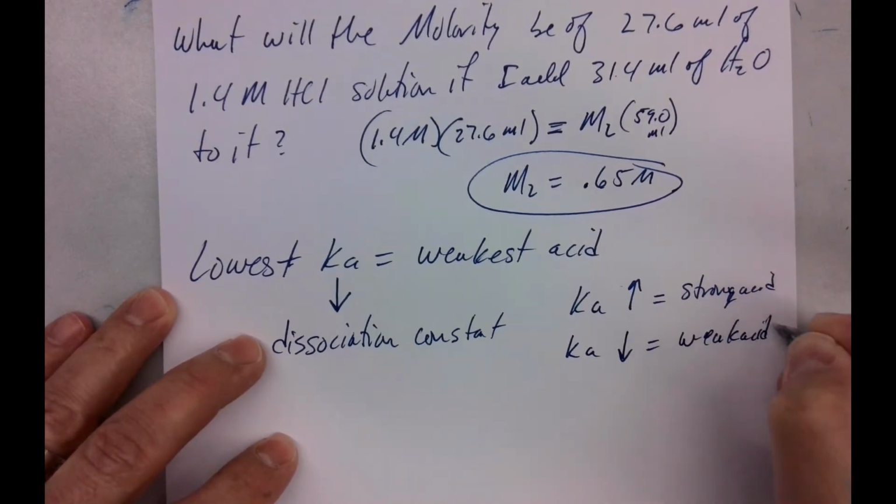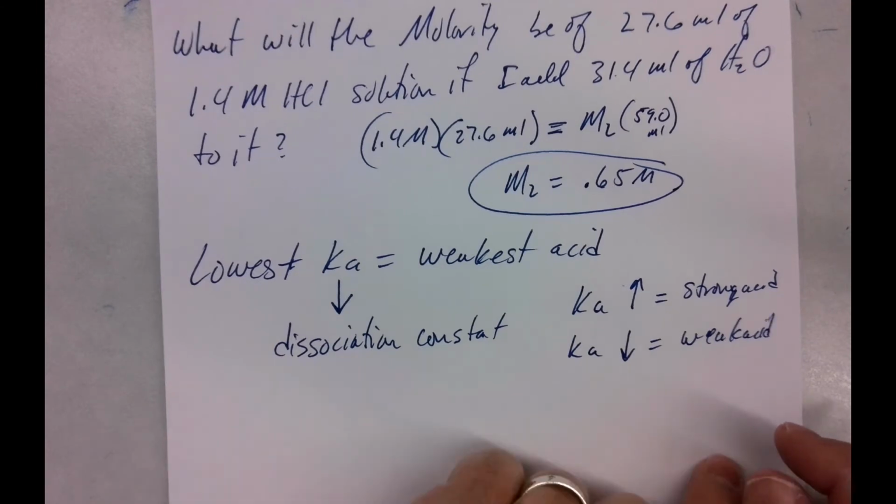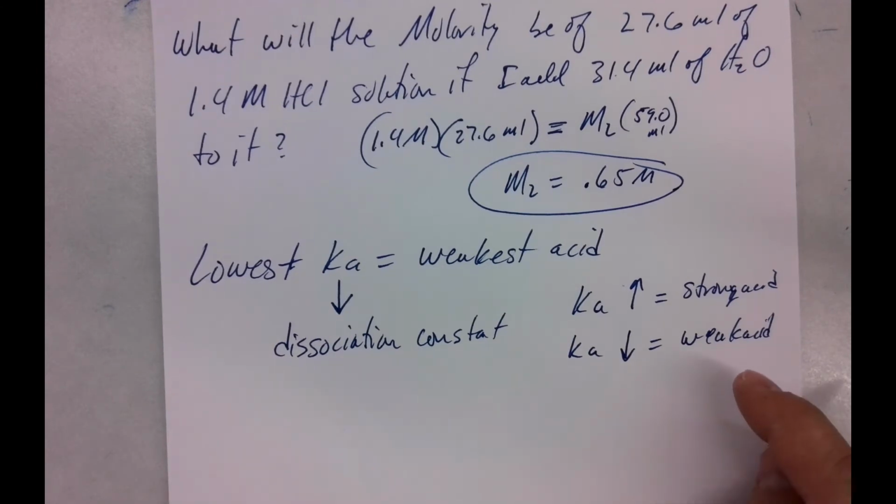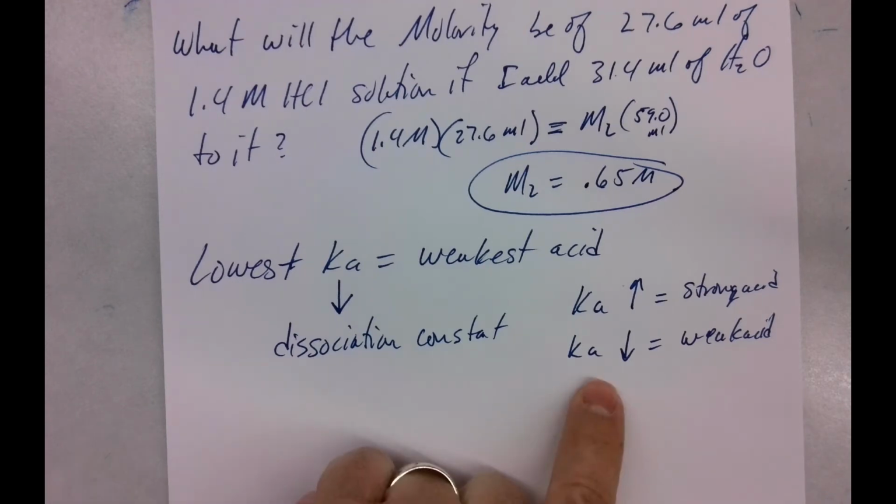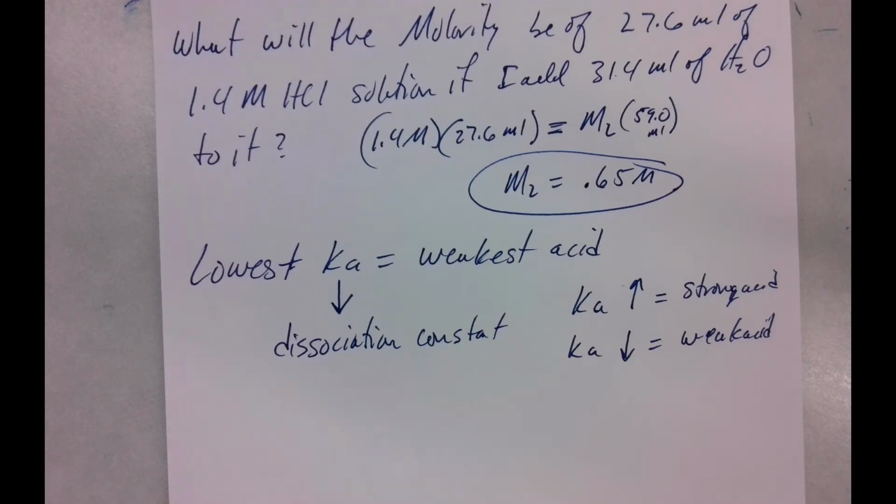The lower it is, the less it dissociates, which makes it a weaker acid. The higher it is, the stronger it is. So if they give you a list and ask which of these is the weakest, it's the one with the smallest Ka. If it asks which one is the strongest, it's the one with the highest Ka.